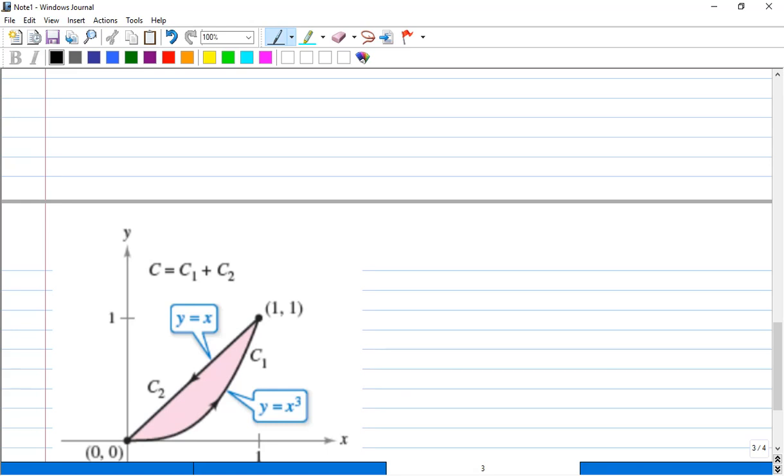So is that closed? Yes, that's closed. Is it oriented counterclockwise? Yeah.